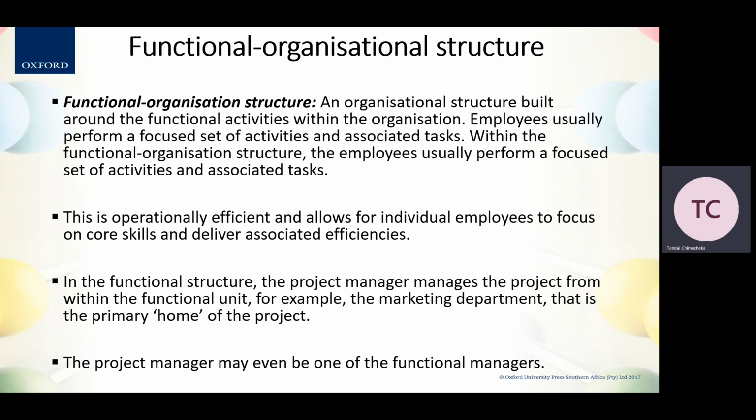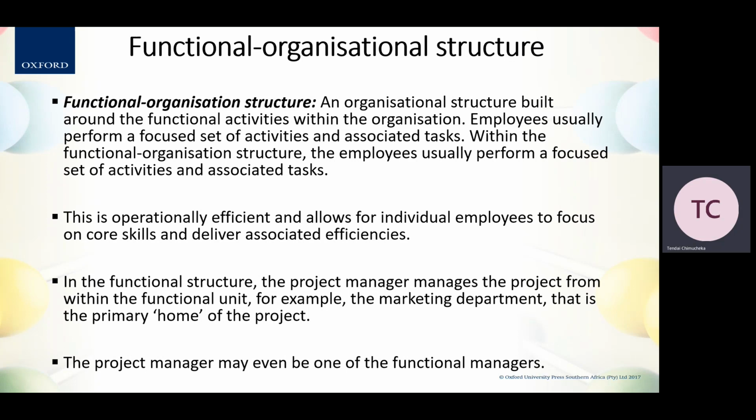A functional organizational structure is built around the functional activities within the organization. So you may find the human resources function, the financial management function, the operations function, and so forth. In this particular structure, the project manager may even be one of the functional managers responsible for managing functions.